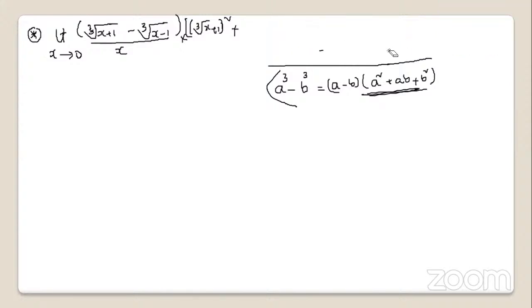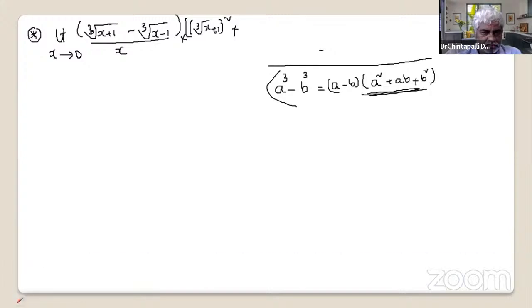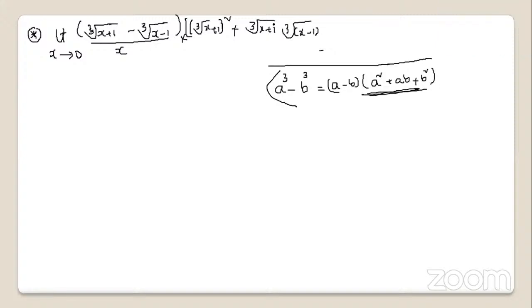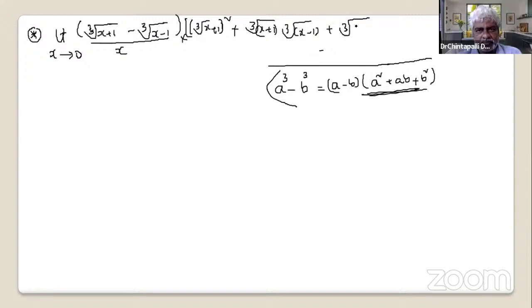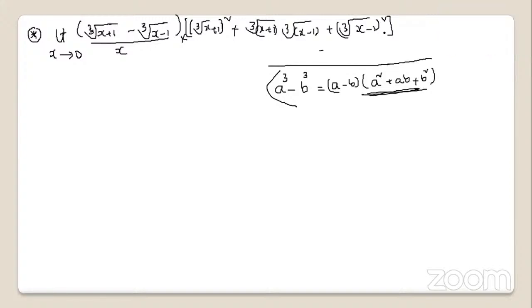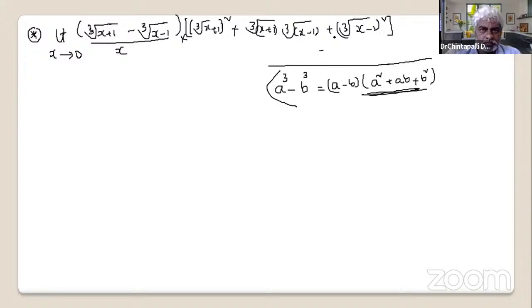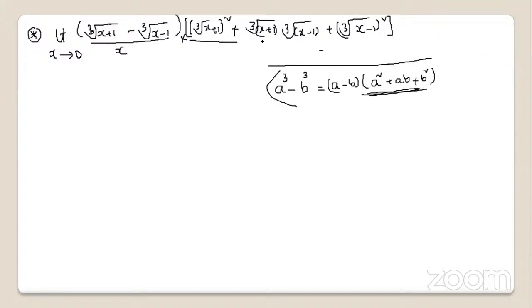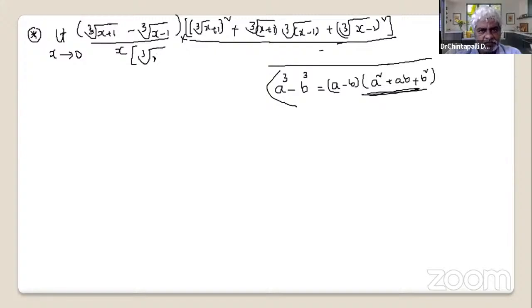Got it? Plus b square means cube root of x minus 1 whole square. We need to multiply with the same term in the denominator also: cube root of x plus 1 whole square, plus cube root of x plus 1 times cube root of x minus 1.